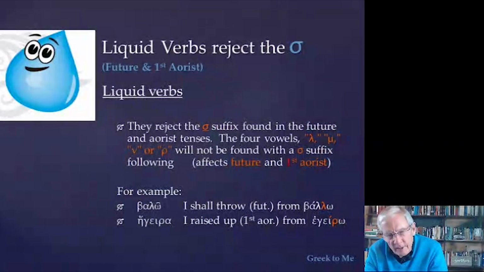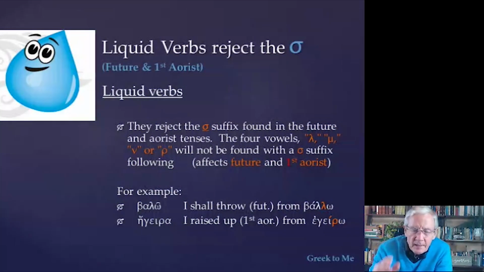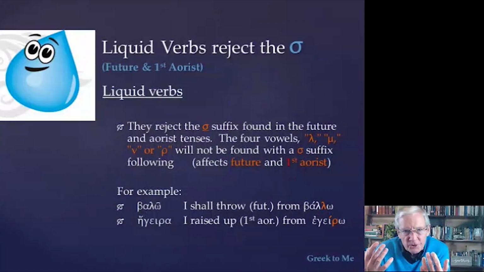Now, their peculiarity is this: they reject the sigma of the future and first aorist. It's not going to be found. So the four consonants here, lambda, mu, nu, and rho, are not going to be found with the sigma suffix. And this certainly affects the future tense as well as the first aorist.